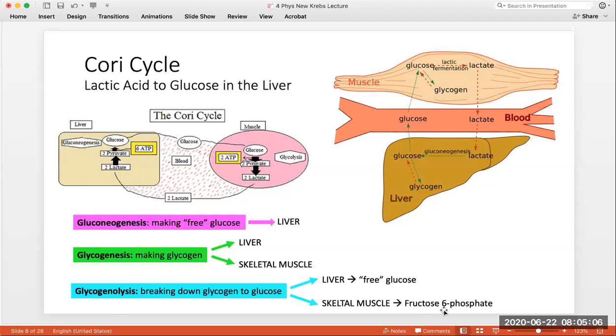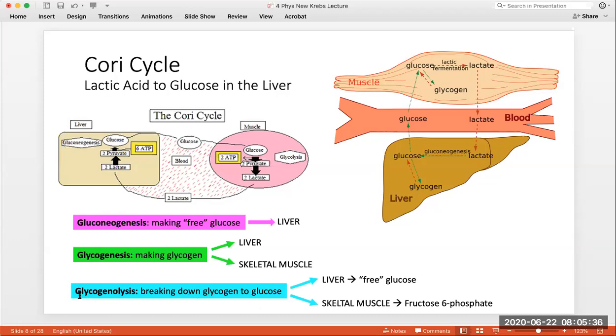And the reason for that is because, again, if skeletal muscle took glycogen and converted it back to glucose, that could leave the cell. Because now all of a sudden you'd have a higher concentration of glucose inside the cell, because you've broken it down from glycogen, than outside, and glucose could leave the cell. You don't want that to happen. So if you stop at fructose 6-phosphate, this isn't going to get across the plasma membrane. It has this large negatively charged phosphate group attached to it.